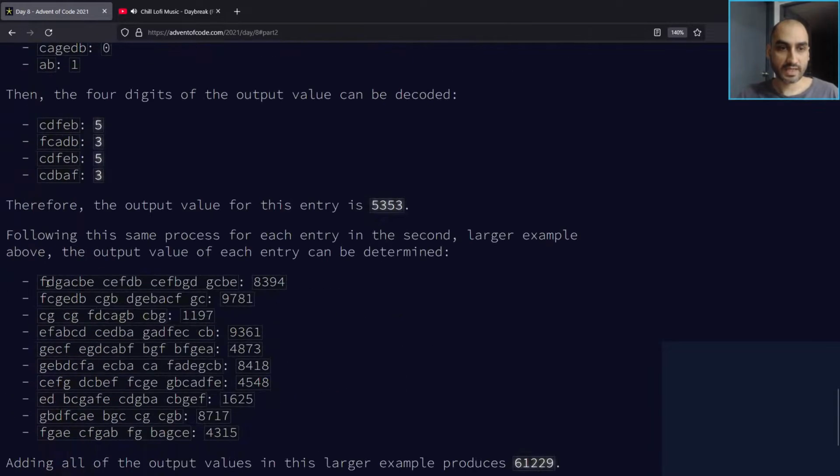So you're told the 10... Okay, so there's 2 layers to this. We have to work out what the digits are, work out what the Y is.